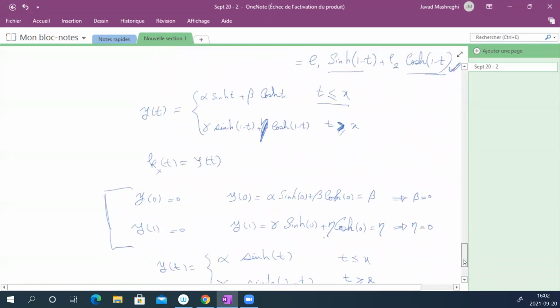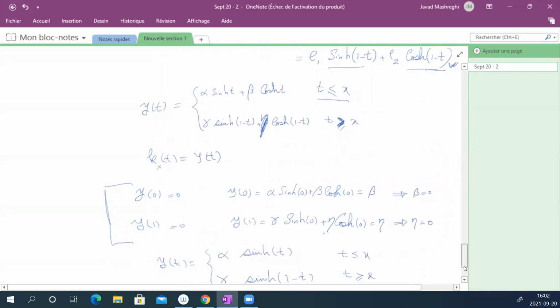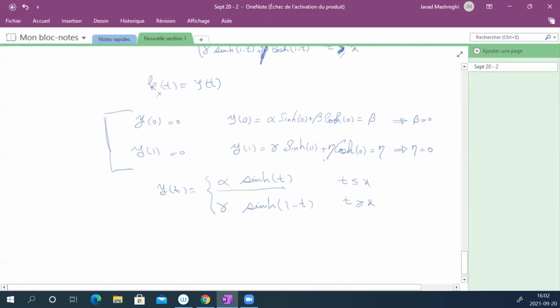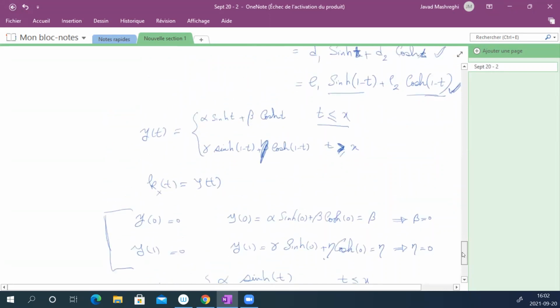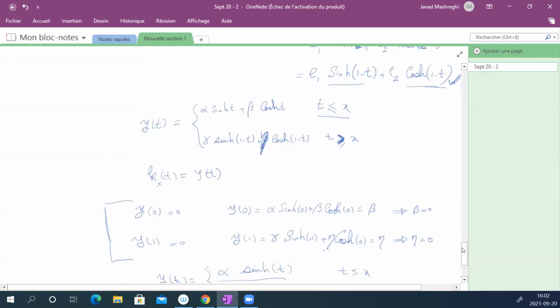So it's just one condition, C2 equal to minus C1. I replaced and simplified, and I obtained this one. That is why I went back, to avoid those calculations. I wrote my general solution as this, which gives me beta immediately equal to 0.